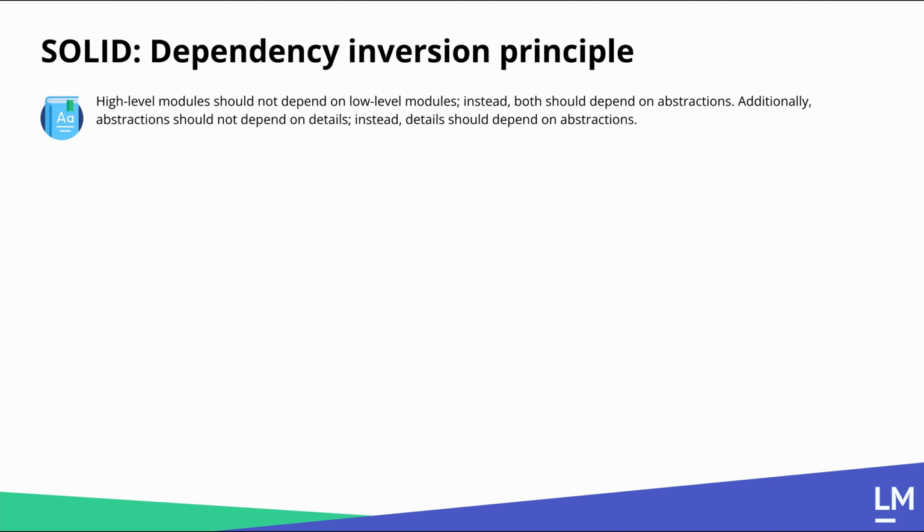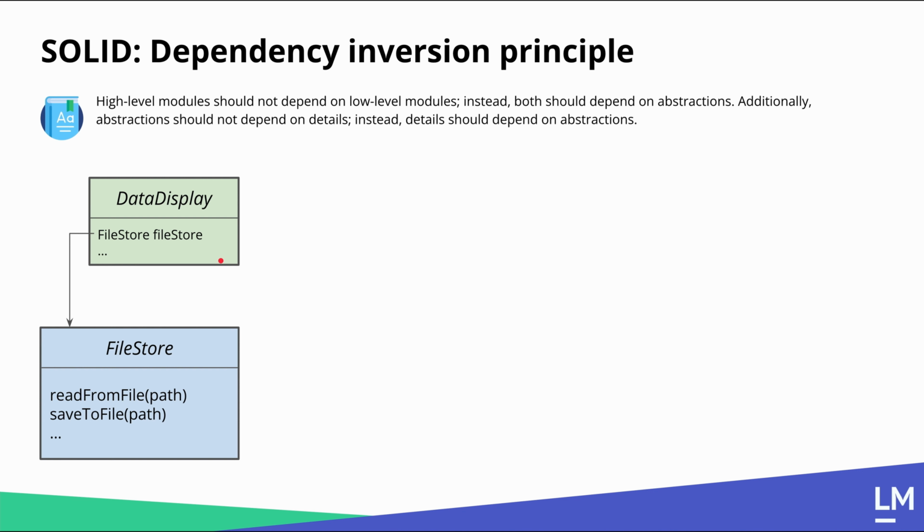Let's go back to our example of our file store. And now let's say that we have a new class, a data display class, which depends on a concrete instance of file store. So it has a variable of type file store, which holds a reference to a file store object. And this file store object has the methods read from file and save to file.